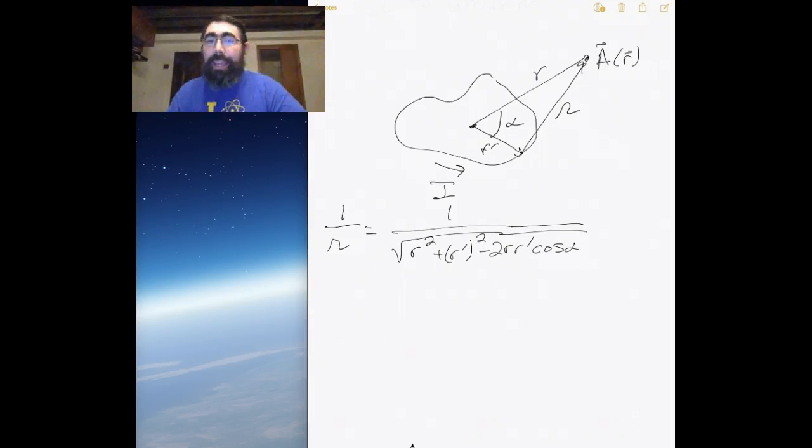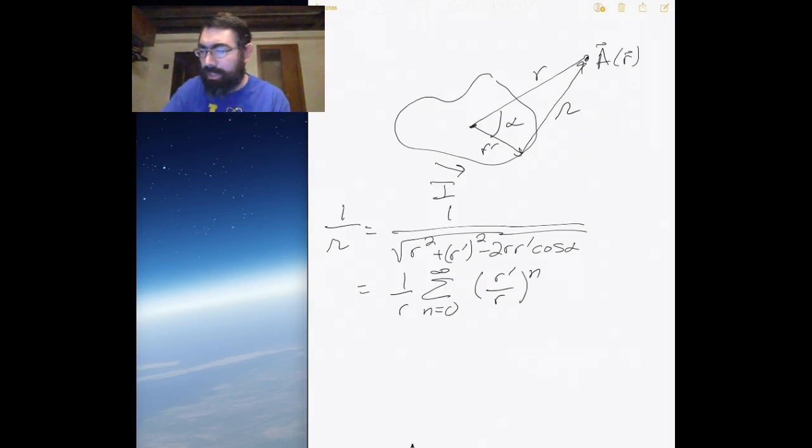Like so. And then what I can do is perform an expansion of this to change the 1 over square root function into a sum of terms. So that now becomes 1 over r, the sum, n equals 0 to infinity, of r prime over r to the n power times the Legendre polynomials.